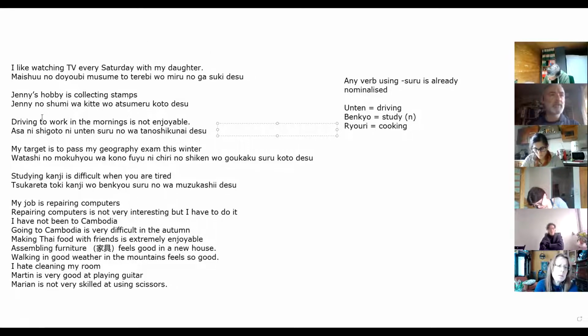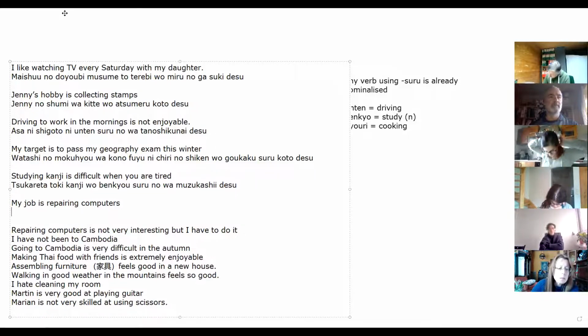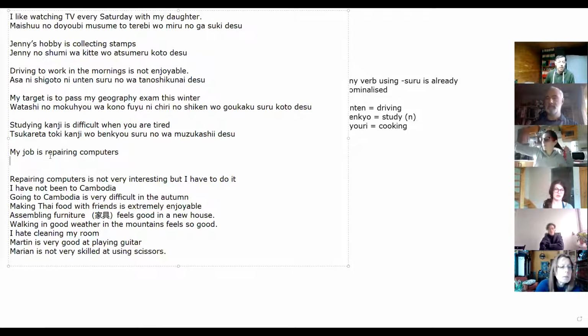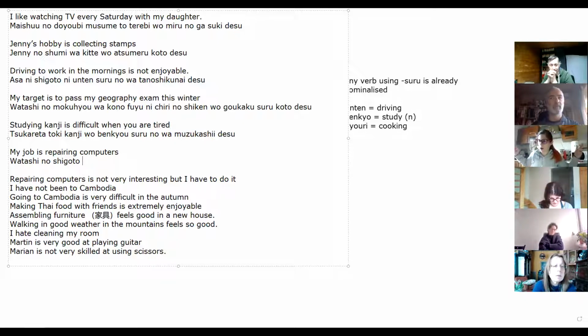That was Tom. Back to Sophie. My job is repairing computers. Okay. Watashi no shigoto. Shigoto wa.